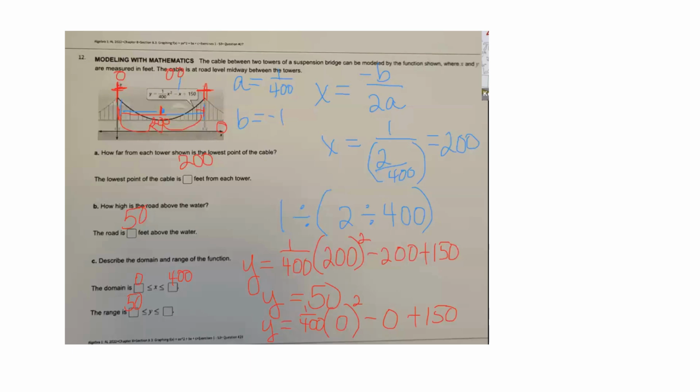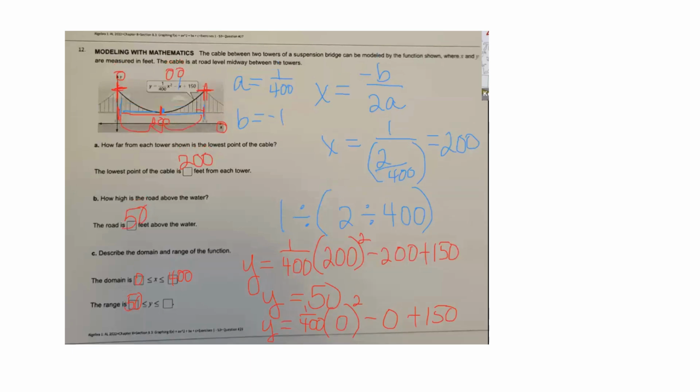So what happens is this number out here is your height. Whenever you have that in that form, zeros are going to make those first two terms go away. So whatever number is out there, that is the height. That's like the starting height.